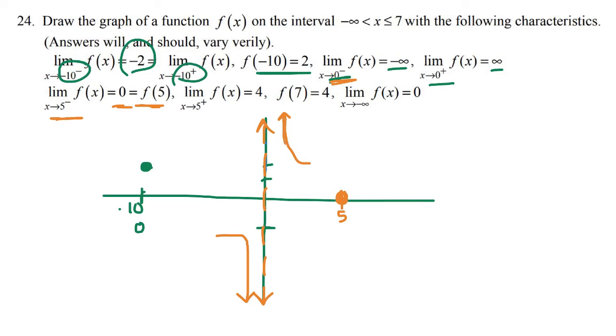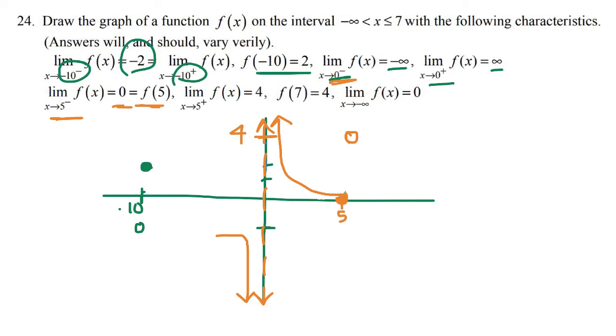Let's see. So I think I have enough information now to say, okay, as x approaches 5 from the right side, we have 4. So we need to look way up here at 4. So I'm going to have an open circle there because it's not for sure.